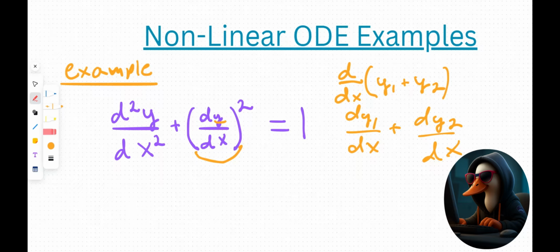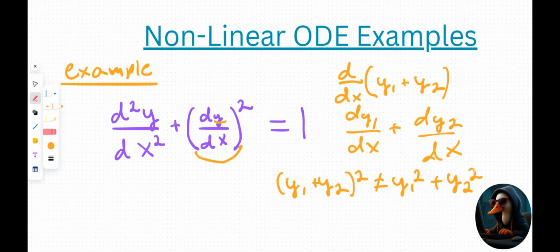However, when we square something, that is not a linear operator because y1 plus y2 squared is not equal to y1 squared plus y2 squared. So because we're squaring this derivative, this is not a linear ordinary differential equation.